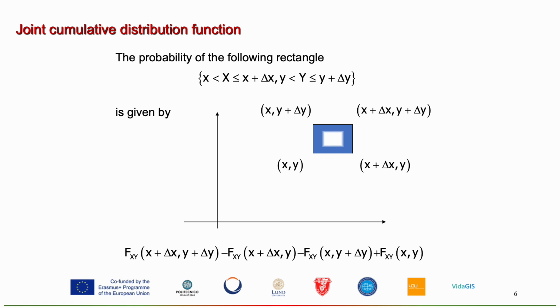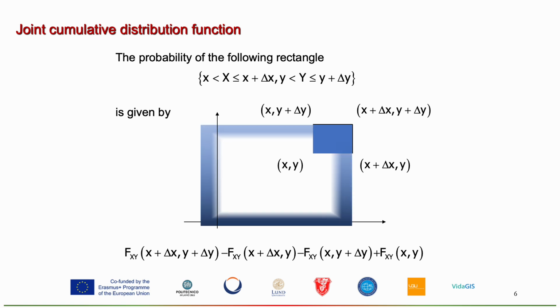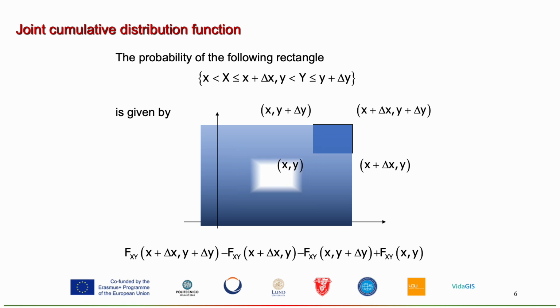So let's see what is the probability to have the random variable X comprised in the interval x plus delta x, and the random variable Y comprised in the interval y plus delta y. It is a rectangle, and this is exactly pictured in this slide. So you have F of x plus delta x, y plus delta y.